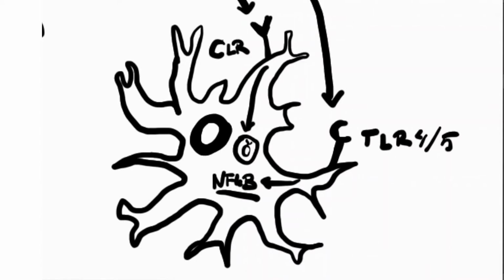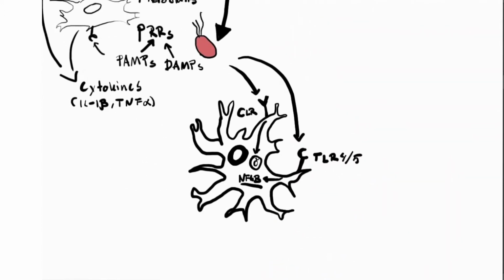And if you remember the cytokines from earlier, these will also play a role in the context of dendritic cell activation, because these cells express various cytokine receptors, and especially TNF-alpha as well as IL-1 beta is really good at activating dendritic cells.